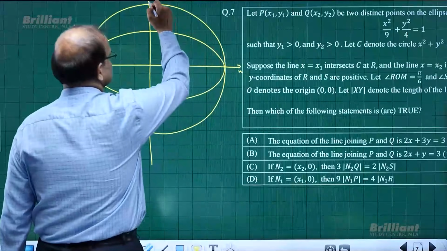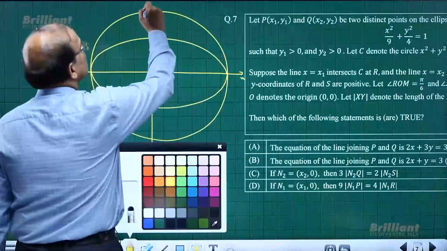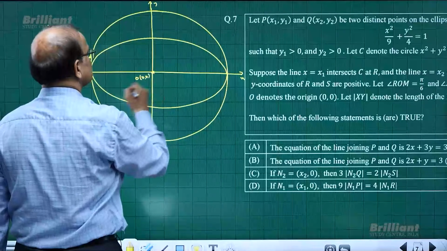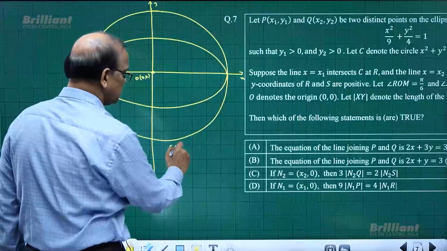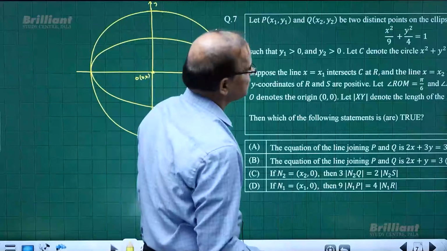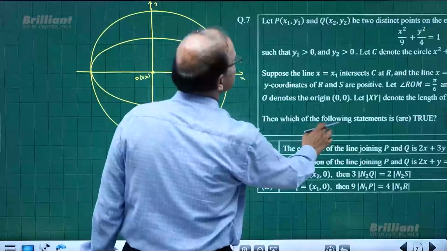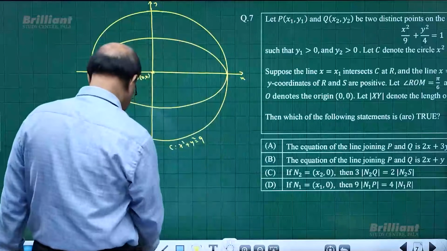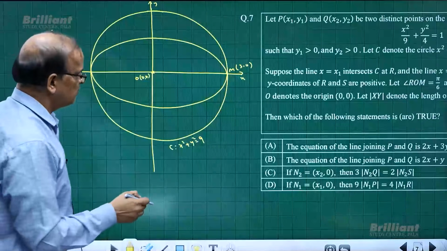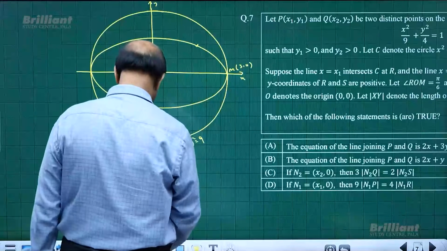This is the x-axis, this is the y-axis. This is the (0, 0) center. This is the curve C, x square plus y square equal to 9, the auxiliary circle, and points on the ellipse. This is M (3, 0), the positive end of the major axis, and P(x1, y1) is a point here.